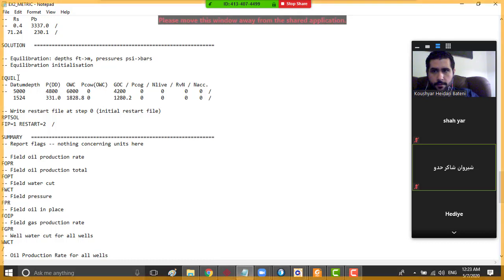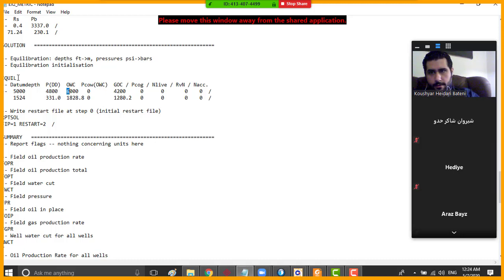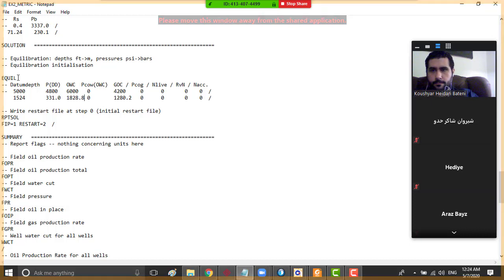When you want to convert the second column from PSI to bars, you have to divide it by 14.7. When you want to convert the third column from feet to meters, you have to divide it by 3.4. And the capillary pressure is 0.